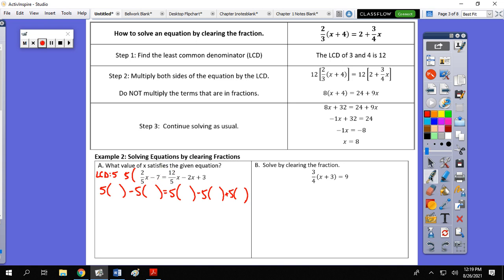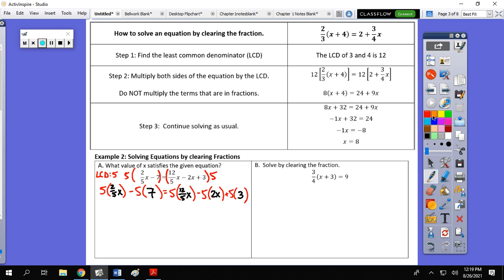So, we multiply everything in the entire equation by 5. So we're looking at 5 times 2/5 x minus 5 times 7 equals 5 times 12/5 x minus 5 times 2x plus 5 times 3. Every single term in that entire equation gets multiplied by 5.